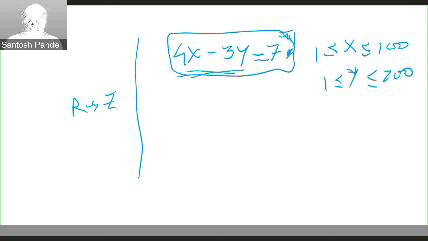But let us look at a simple example, which may be something like this. 4x minus 2y is equal to 5.